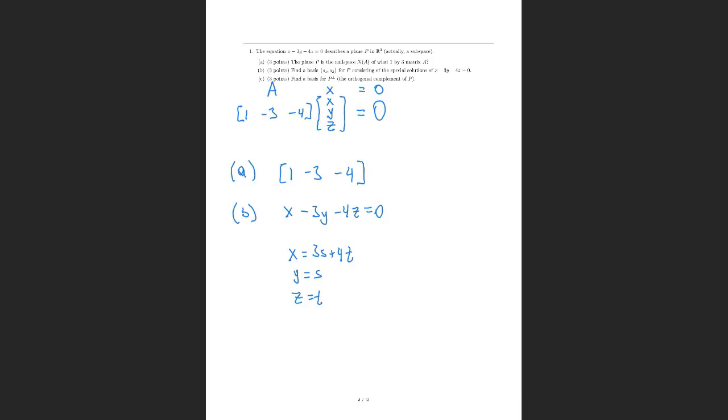If I write this out in vector form, I could write it as s times (3, 1, 0) plus t times (4, 0, 1). Okay. So this shows that the plane is all linear combinations of these two vectors. So these would have been your two special solutions, and they would have constituted a basis for the plane.